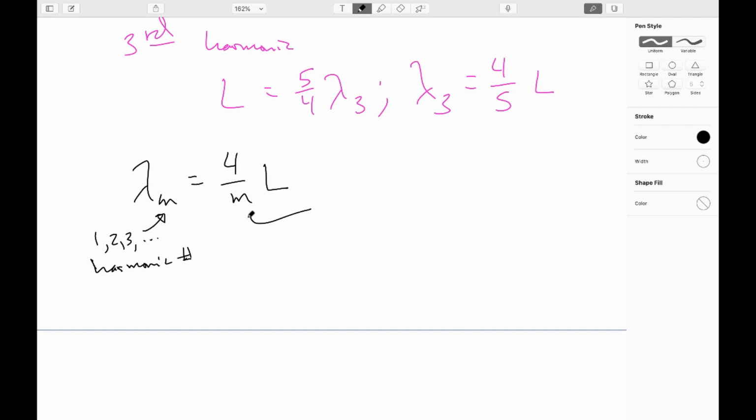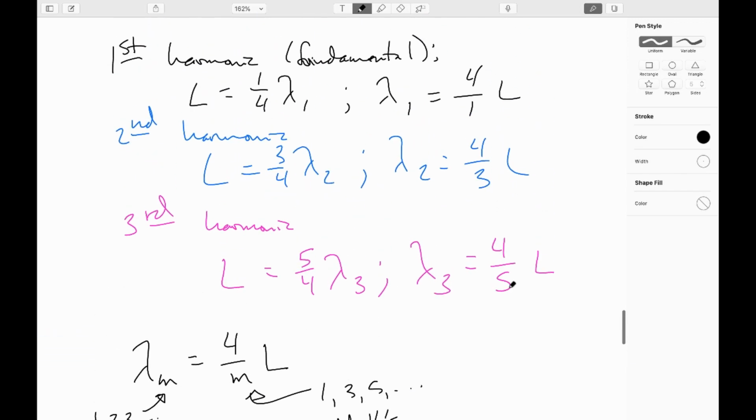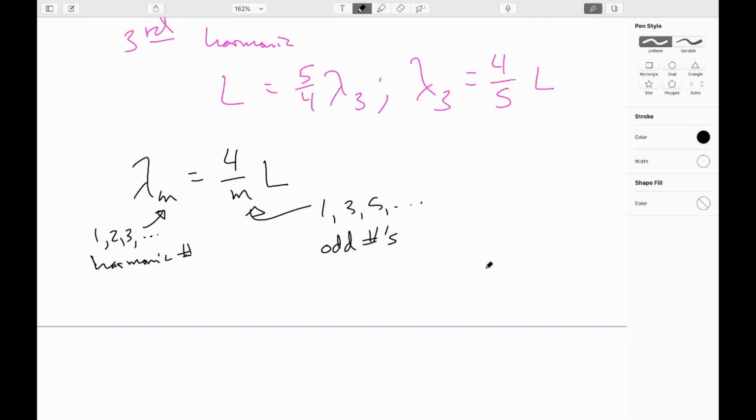And then over here, what they intend for you to do is to put in 1, 3, 5, 7, etc. So this is the first odd number, the second odd number, the third odd number, in order to fit the pattern, right? Because our pattern goes 1, 3, 5. So say if you wanted the fifth harmonic, you'd put in a 5 here, then you would count to the fifth odd number, 1, 3, 5, 7, 9, and you would stick in a 9 there.